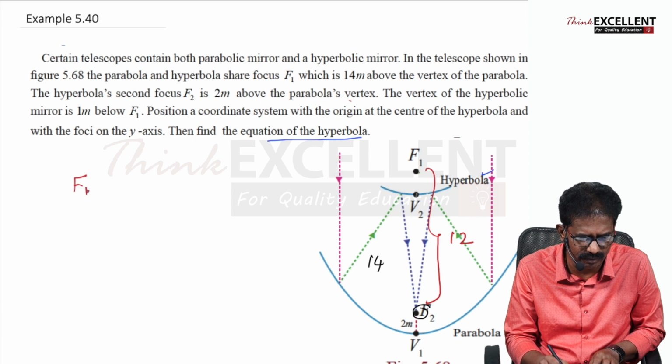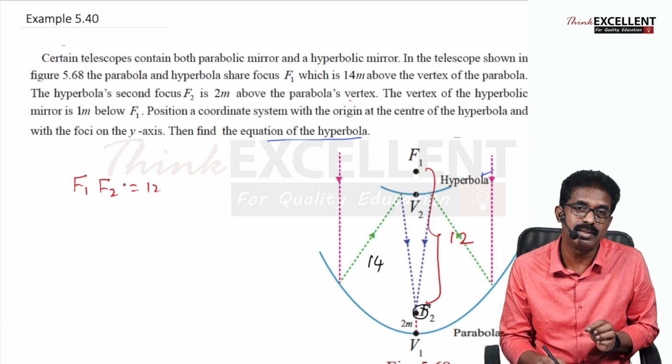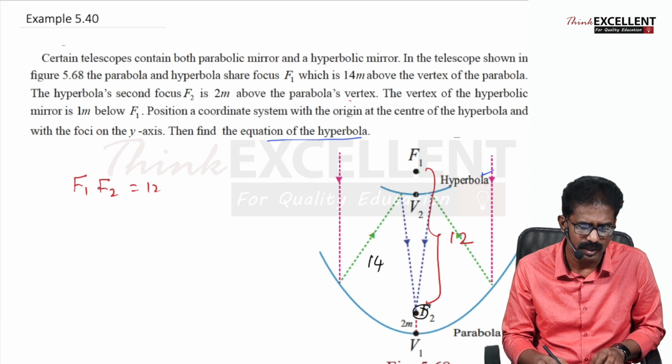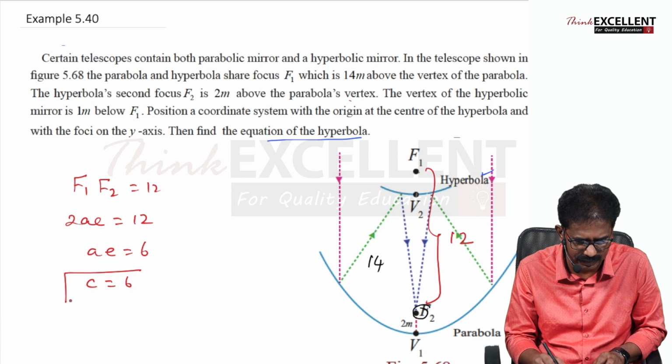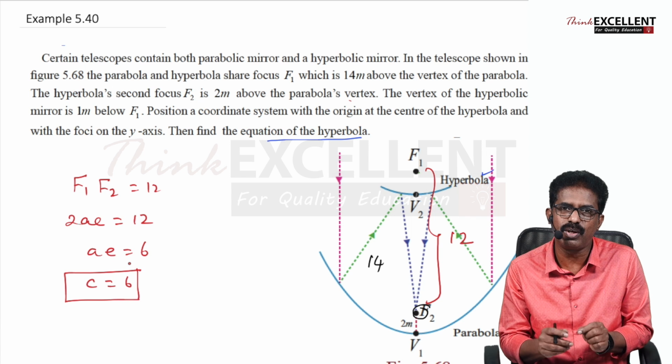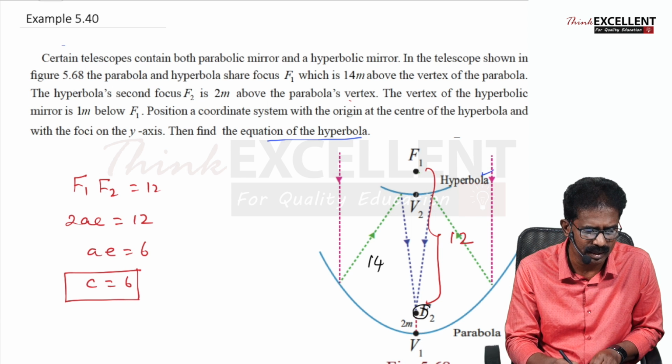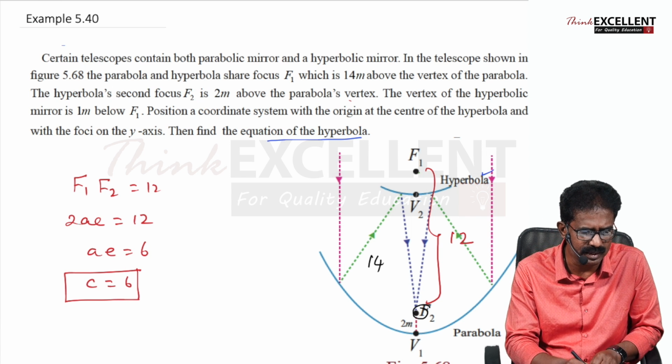So F1F2 is equal to 12. Step by step you do it. The distance between two foci is 2c. 2c is 12, so c equals 6. Once the two foci are here, you can find the center.